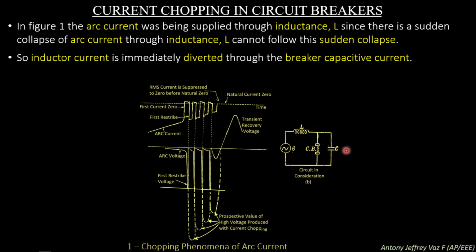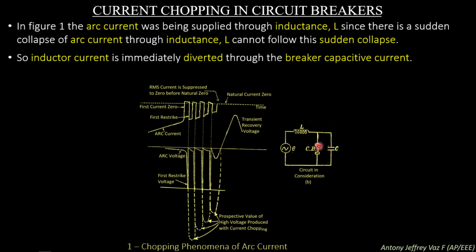This lumped capacitance will be present in a transmission line in the form of a porcelain bushing or a long transmission line having a capacitance, because the two lines are very long and parallel to each other. So this capacitance will be present in a long transmission line.